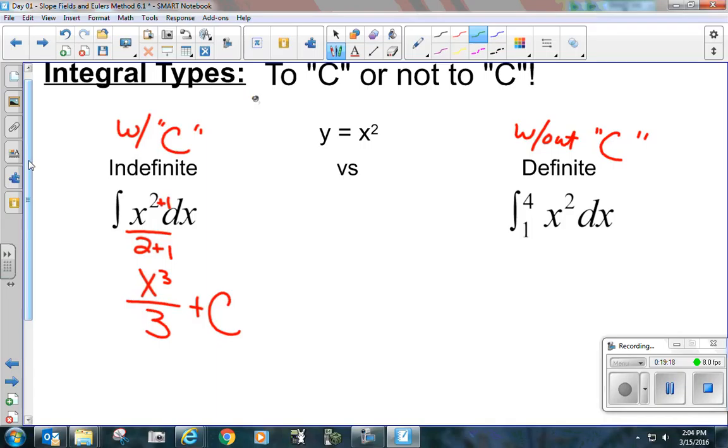So, what do I do with this one? I integrate it, and I get what? The same thing. That goes from 4 to 1, doesn't it?